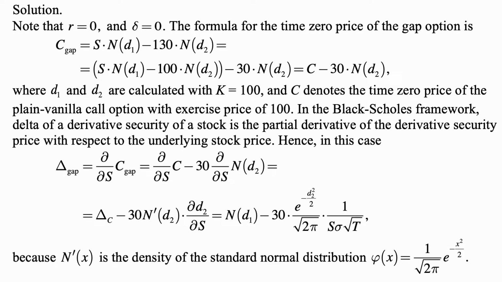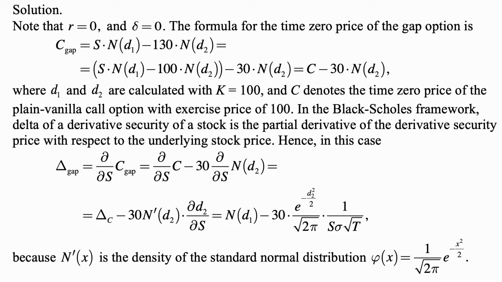And here's the solution. Note that the risk-free interest rate is 0, r is 0 therefore, and delta, the continuously compounded dividend yield of the stock, is also 0. The formula for the time zero price of the gap option is S times N of d1 minus 130 times N of d2. It's simplified because those two rates are 0.